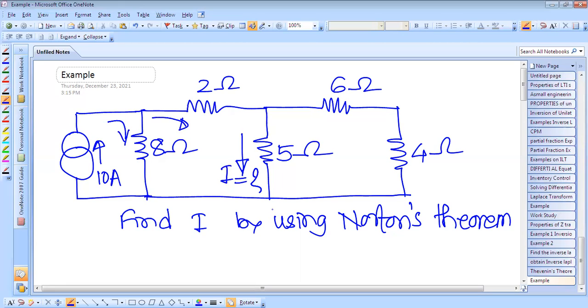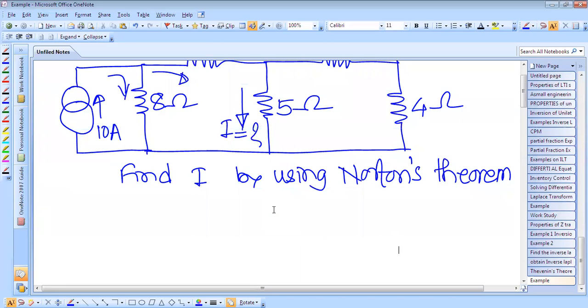So this short circuit current we can find. If this is short, this will also short, therefore the short circuit current is the current flowing through this branch.